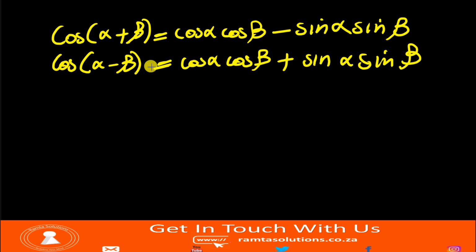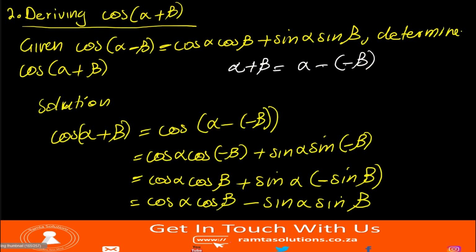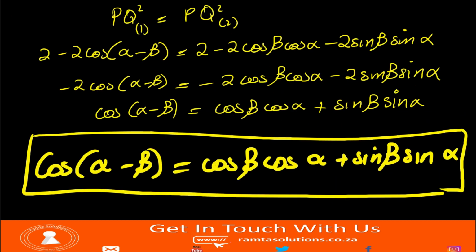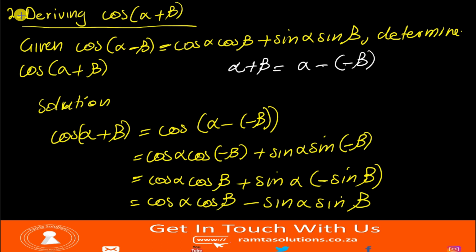If it's minus, it'll have a plus in between. Can you guys see that? Pay attention to this. It'll be of great use later. Okay, so this was number 3, not number 2, it was number 3.